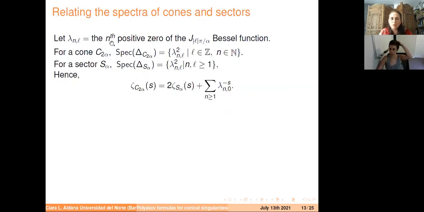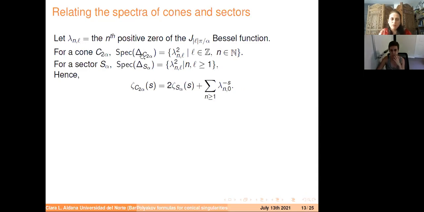And now we relate the spectra of cones and sectors. The spectrum of a cone of opening angle 2 alpha is going to be given in terms of the positive zeros of the Bessel function of order absolute value of l pi over alpha.